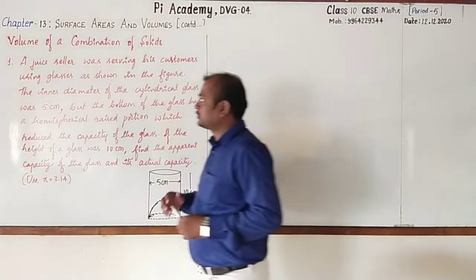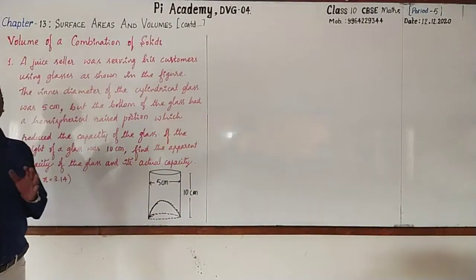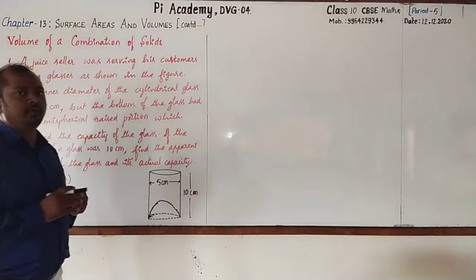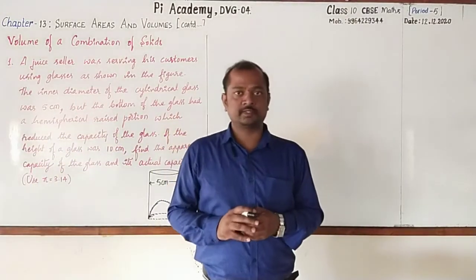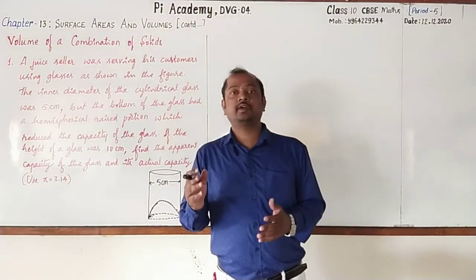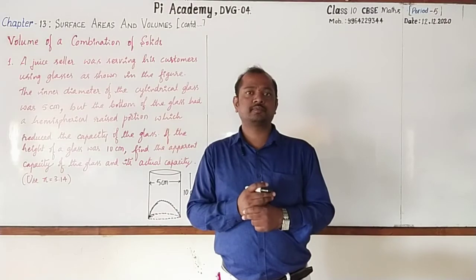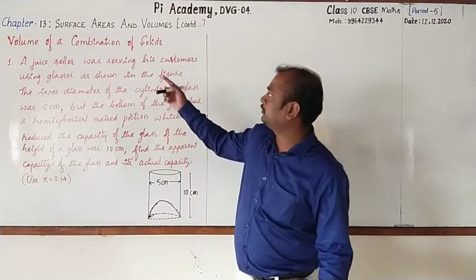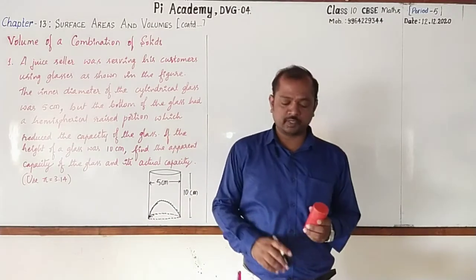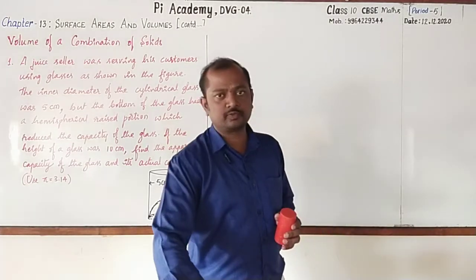Dear students, now we are moving to the next concept of this chapter, that is volume of combination of solids. So far we discussed about the surface areas of combination of solids, right? Now we will move on to the volume of combination of solids. Here just let me show you some of the combinations.